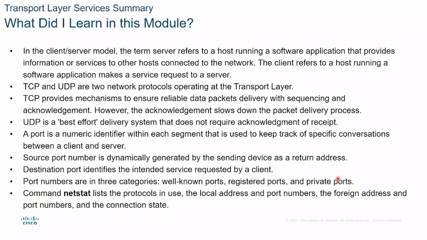TCP tells you whether the other end device has received the message, but UDP does not tell you if the other party has received it. UDP is a best effort delivery system that does not require acknowledgement. There's no acknowledgement in UDP, but there is in TCP.